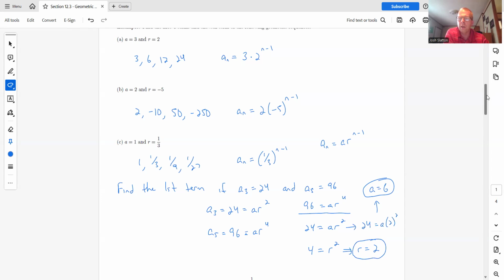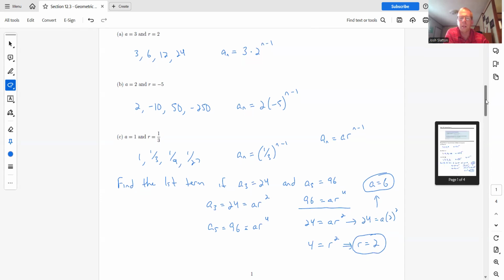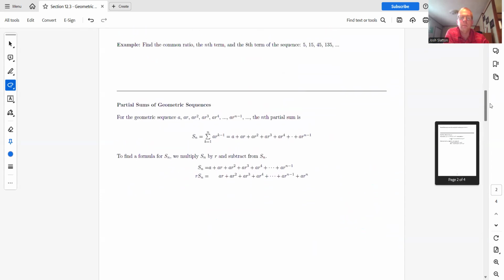Okay, let's look at the first one on the next page. Find the common ratio, the nth term, and the 8th term in the sequence. For the common ratio, we can pick any 2 terms. It doesn't matter which 2 you pick. So r equals, just pick 45, grab the one next to it, divide those. The common ratio is 3.